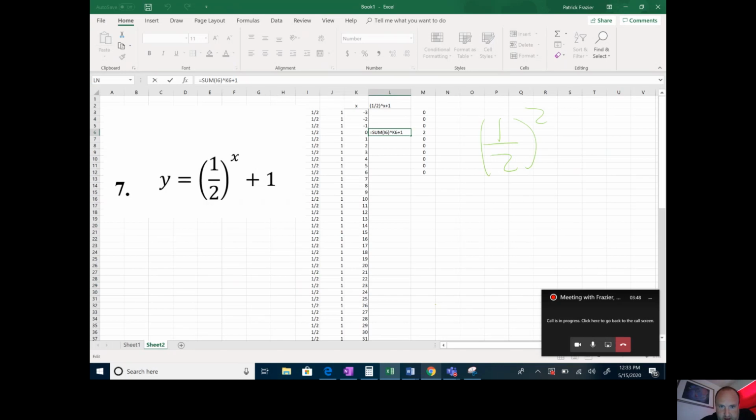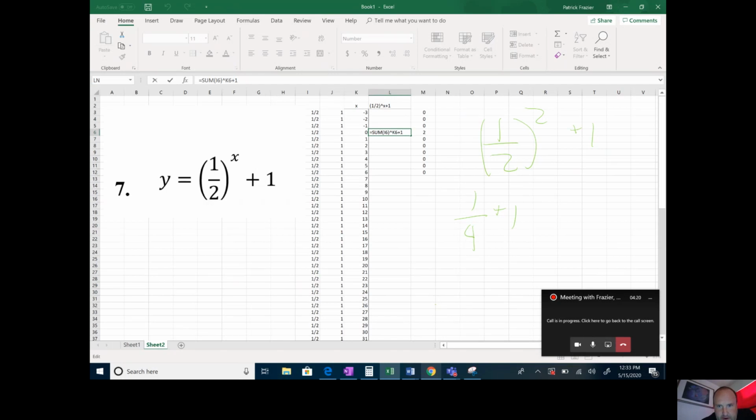So 1/2 squared plus 1 is really just 1/4 plus 1, because that's 1 squared over 2 squared, which is 4. So it's 1/4. Half of 1/2, if you have 50 cents, half of 50 cents is 25 cents, which is 1/4.